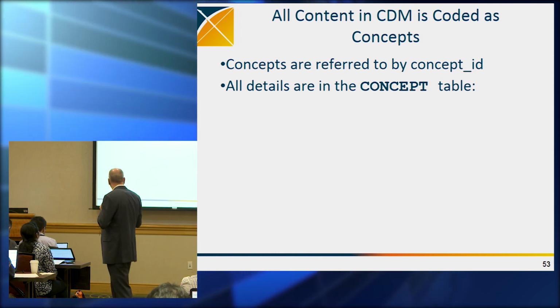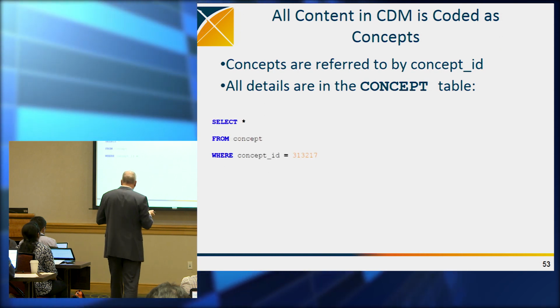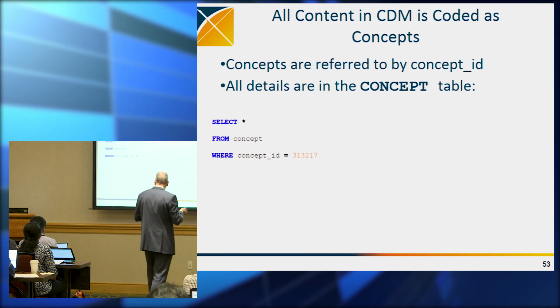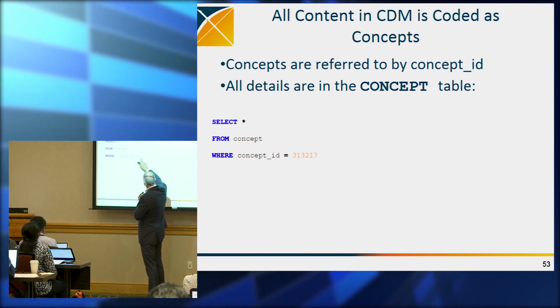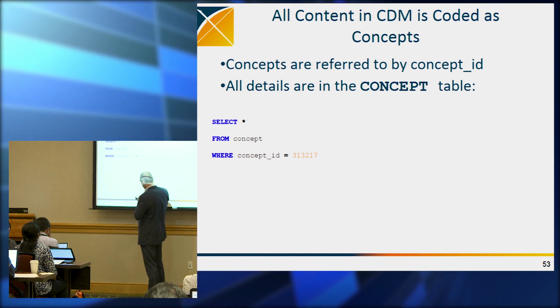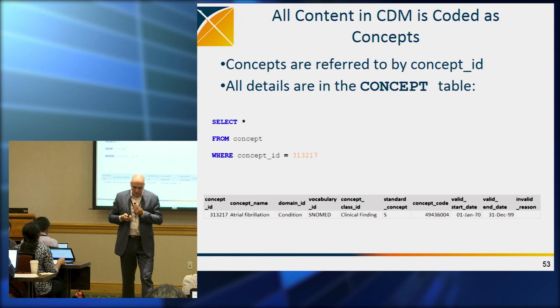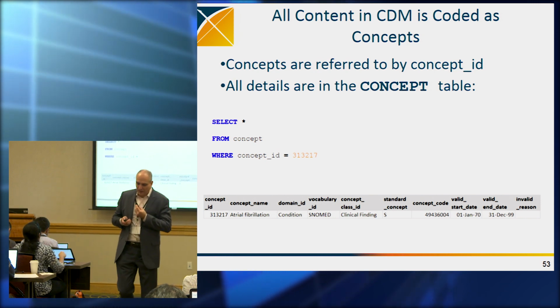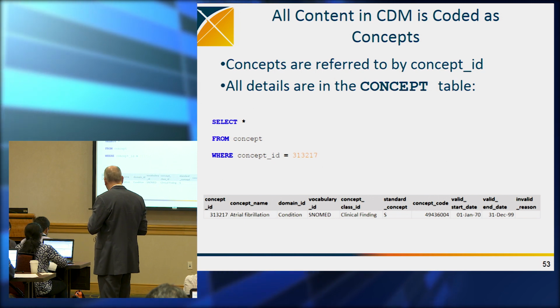It's called concept. That's the table. So if you want to look into this reference table, and for example, you pick out the record which has concept ID equal to 313217, and you can do that as you go, or I'm going to do it on the screen as a screenshot, you're going to get this record back. Okay? This is atrial fibrillation.